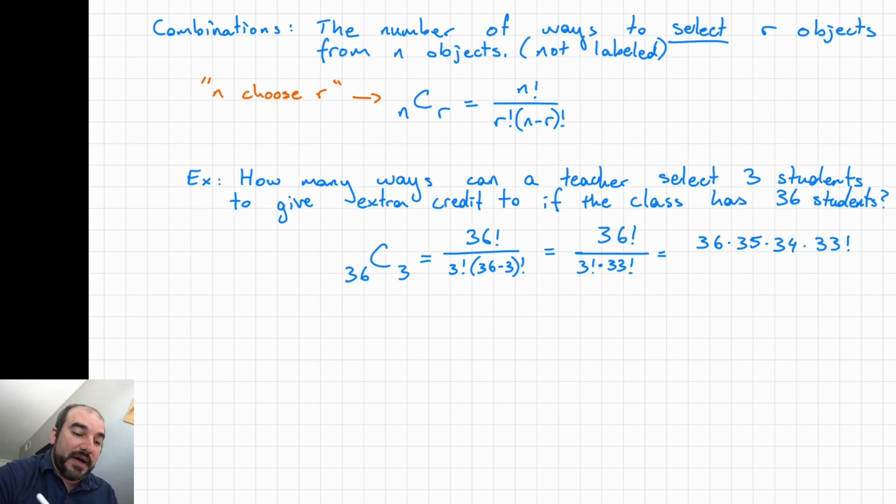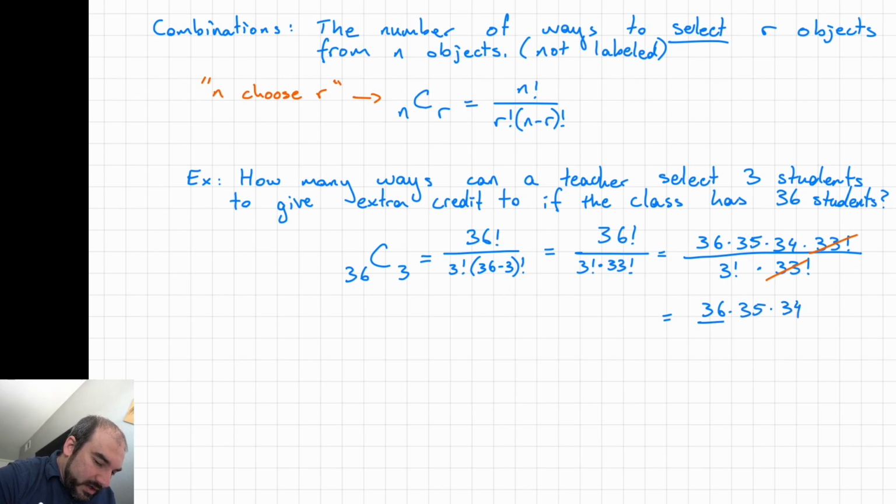I'm just going to put a factorial there, and that's going to cancel with the 33 factorial in the denominator, right? We can cancel these 33 factorials because everything is products. And so the simplified form here is 36 times 35 times 34 divided by 3 times 2 times 1.